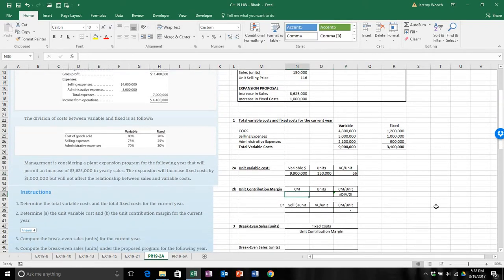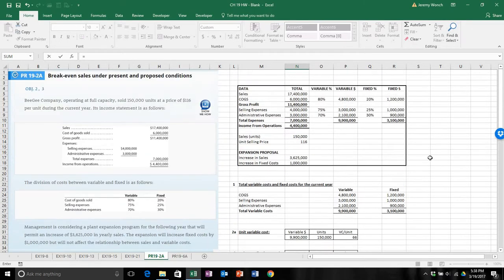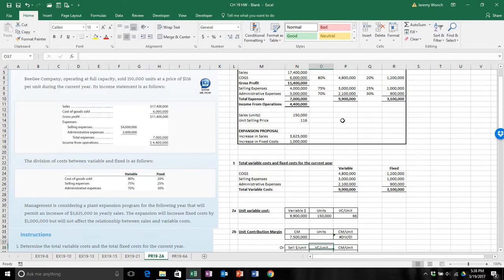And so the unit contribution margin, we have the contribution margin, which is going to be our total sales minus our variable cost, which is 7.5, and units is 150,000.